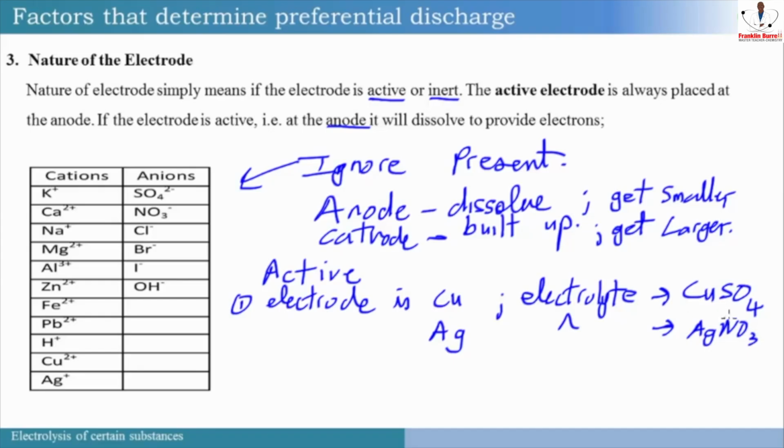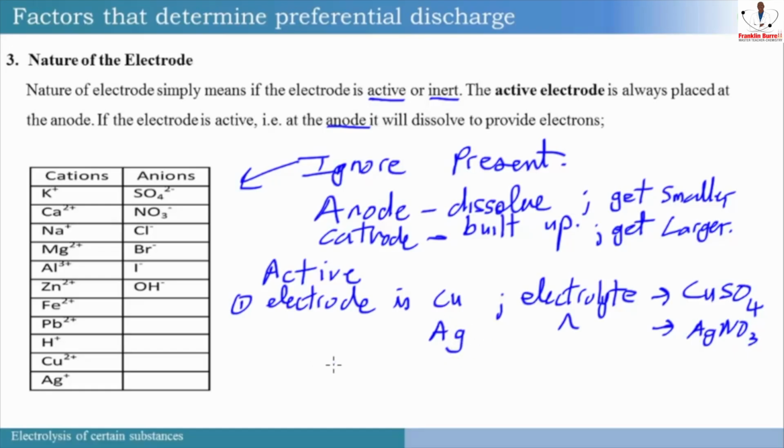In other words, the electrolyte must be a soluble salt of the anode. So in this case, copper sulfate is your soluble salt of copper. Silver nitrate is your soluble salt of silver. So copper, in the case of copper sulfate, would be placed at the anode. And silver, in the case of silver nitrate, would be placed at the anode.